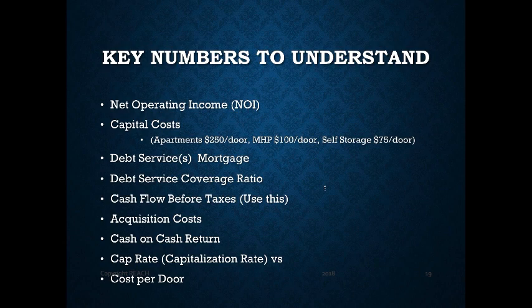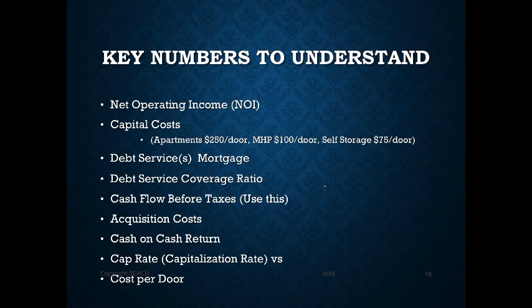So the capital costs, the reason they are here is that when you are looking at the net operating income, when people are trying to sell a property, they do not include the capital costs.